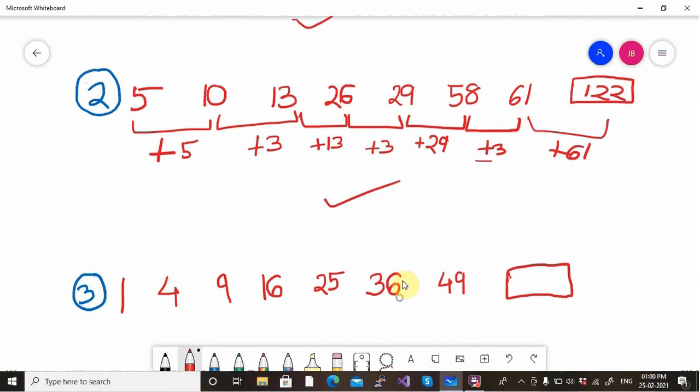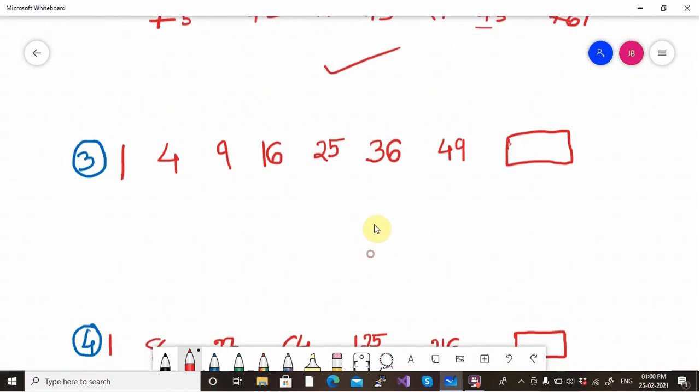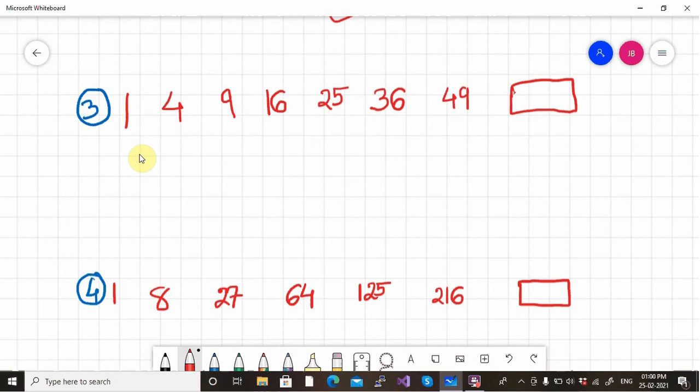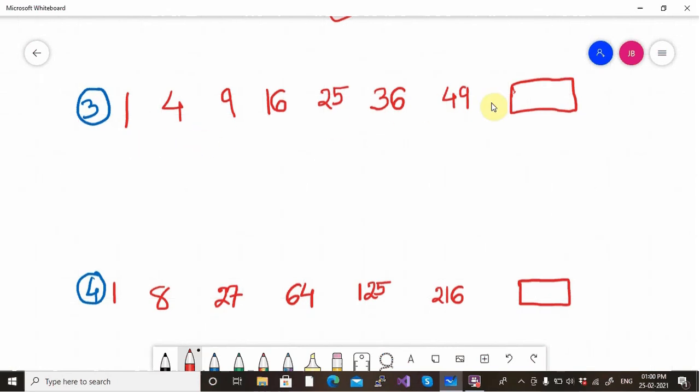Then coming to the next question, it is in increasing order. We can see easily it is a square order, square and increasing order. So how will we solve it? 1 is the square of 1. 4 is the square of 2, 9 is the square of 3, right?